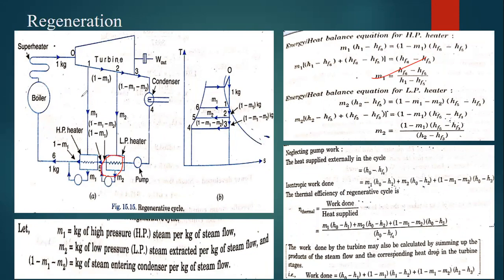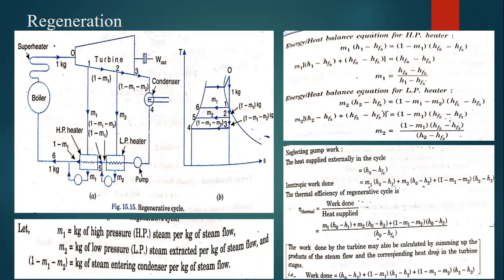Only if we know M1 and M2, the amount of steam extracted, can we know how much efficiency we can get, right? Because those are the main things that show us the efficiency within the regeneration cycle. So now we need to find out M2.